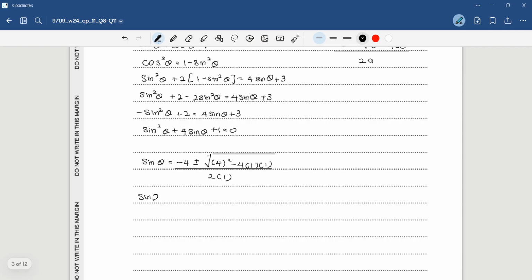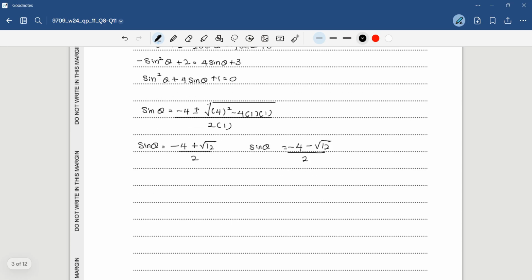Therefore, sine theta equals negative 4 plus square root 12 over 2, or sine theta equals negative 4 minus square root 12 over 2.